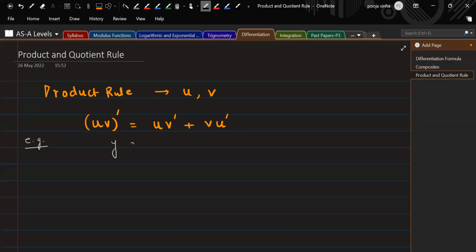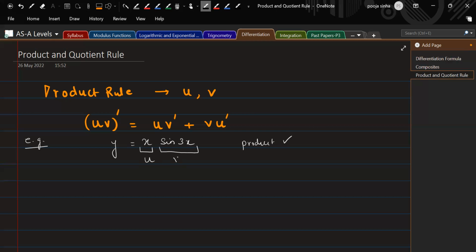y is given, a function is given, which is x into sin 3x. Is this a product? Yeah. Product है, दो अलग अलग चीजों का. ठीक है. एक को हम u बोलते हैं और एक को हम v बोलते हैं.